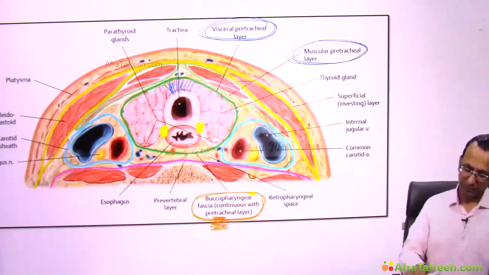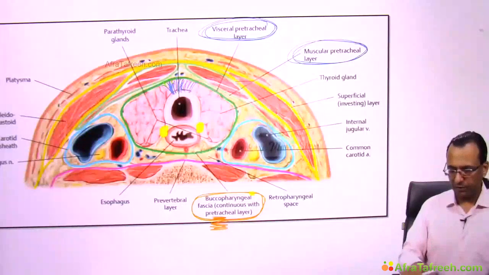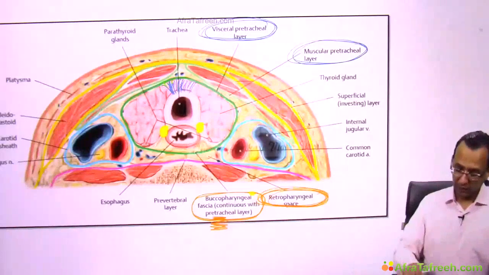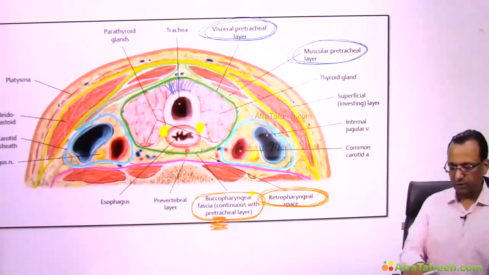Yes, of course. Then what is behind the buccopharyngeal fascia? Behind it is the space called retropharyngeal space. So this is the pharynx or maybe esophagus. Yes, pharynx, esophagus, then you have buccopharyngeal fascia, and then the retropharyngeal space. That is the orientation you must have.